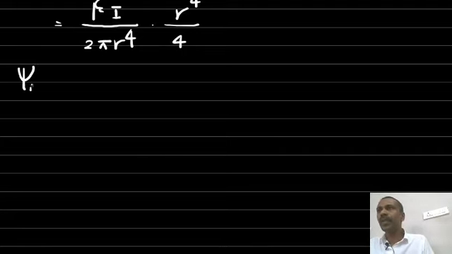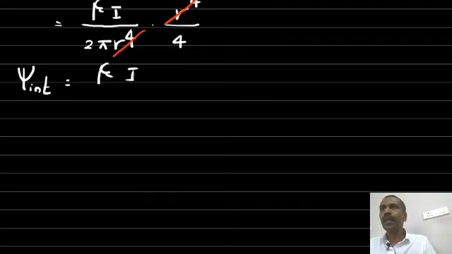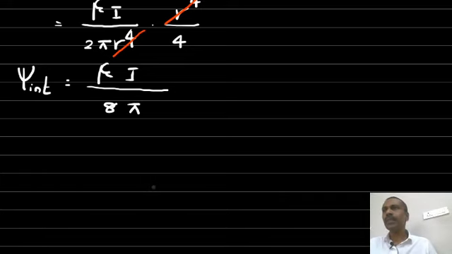So the total internal flux is equal to, this r raised to 4 will be getting cancelled. So this is equal to mu I divided by 8 pi. This is the total internal flux.